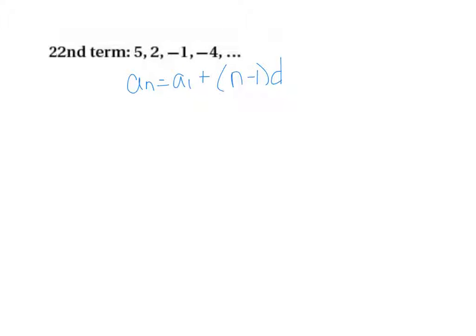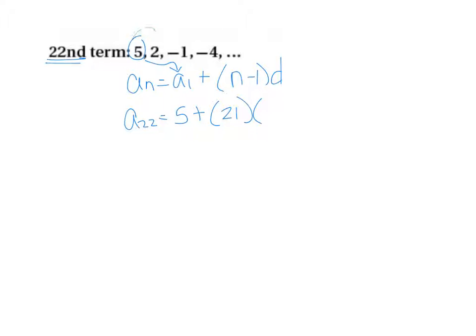Okay, I'm looking for the 22nd term here in the sequence given. Remember that n is the number we're trying to find, which is the 22nd term. So a sub 22 equals, a sub 1 is the first term in the sequence, which was 5, plus, again, my n, which was 22 minus 1, that will get me 21, times my d. I have to see what's happening from number to number here.